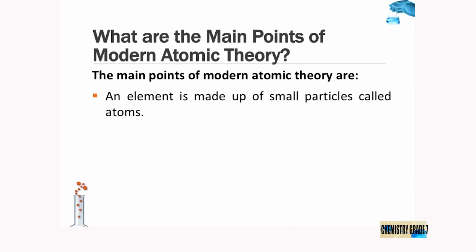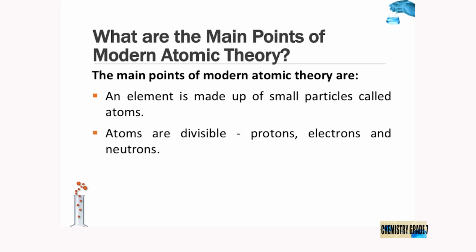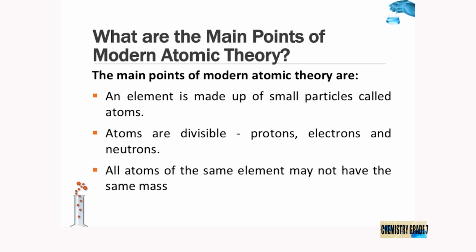An element is made up of small particles called atoms. Atoms are divisible. They can be broken up into protons, electrons, and neutrons. All atoms of the same element may not have the same mass.